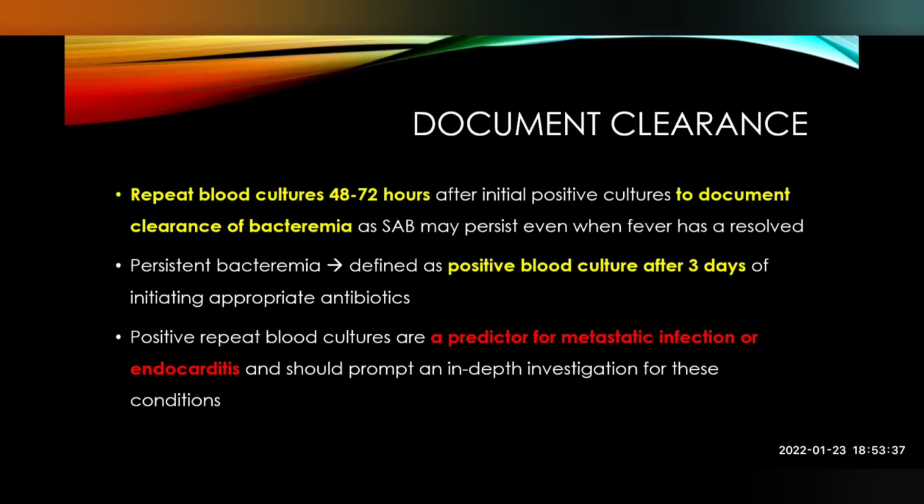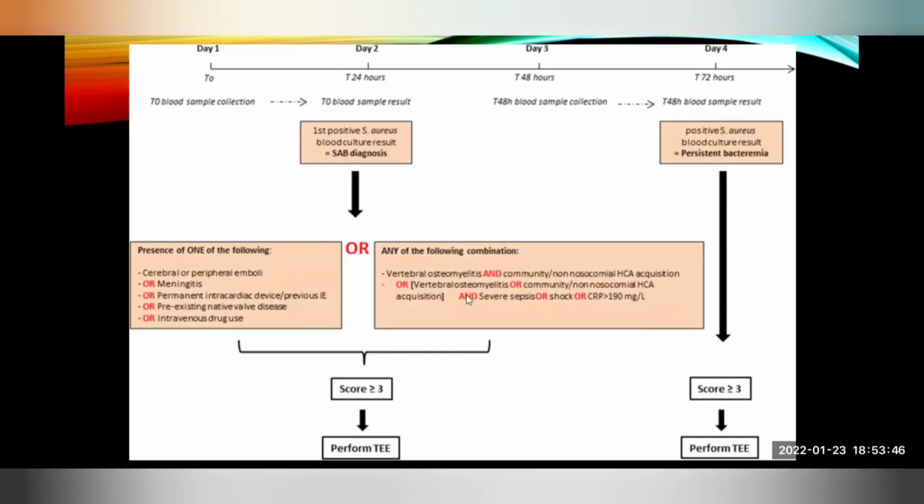So if the patient is having persistent bacteremia, you will have to evaluate in depth for any other metastatic infection or endocarditis. This is a typical one. On day 1, the blood sample was sent, and at 24 hours the first Staphylococcus aureus culture came positive.